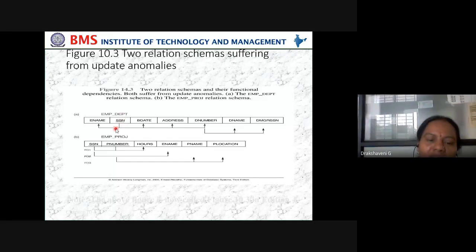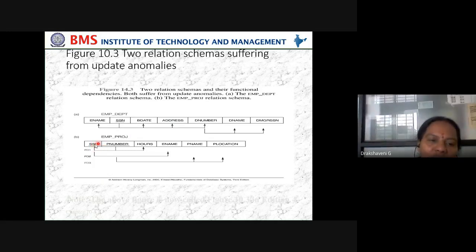The same way here, the employee SSN determines name, birth date, address, as well as department number. And the department number determines the department name and manager social security number. So this is what is called a functional dependency. In the same way, let us say functional dependency 1.